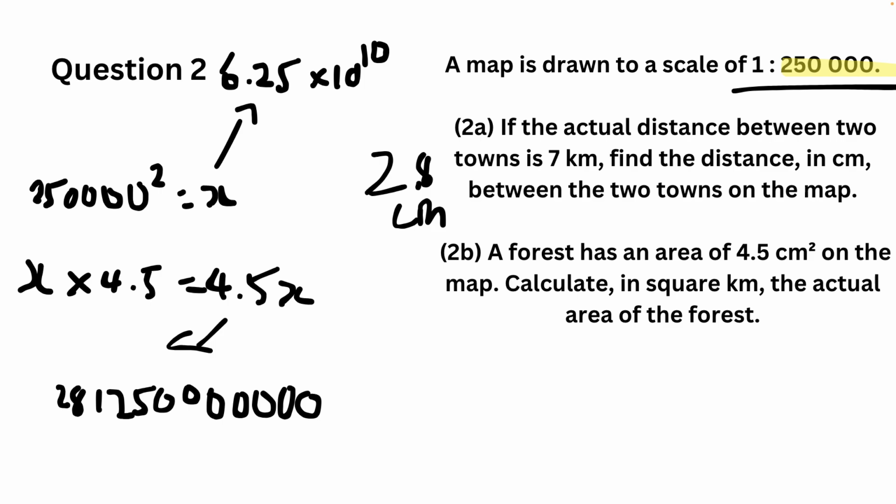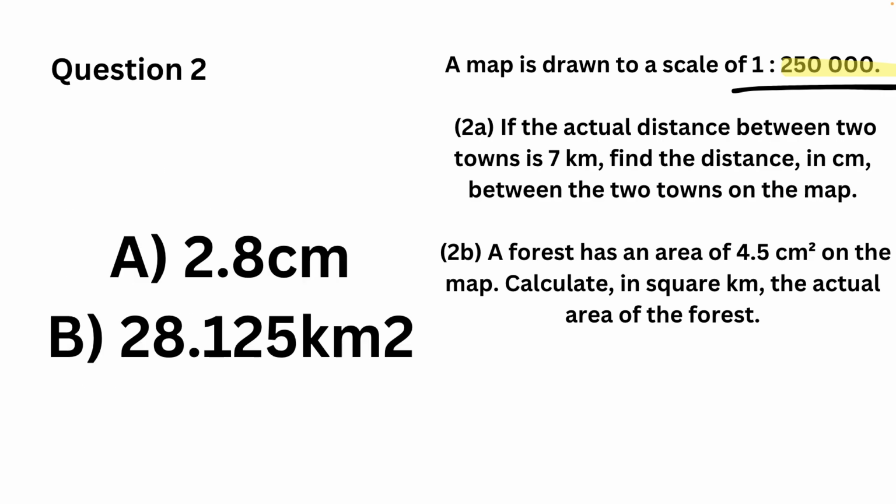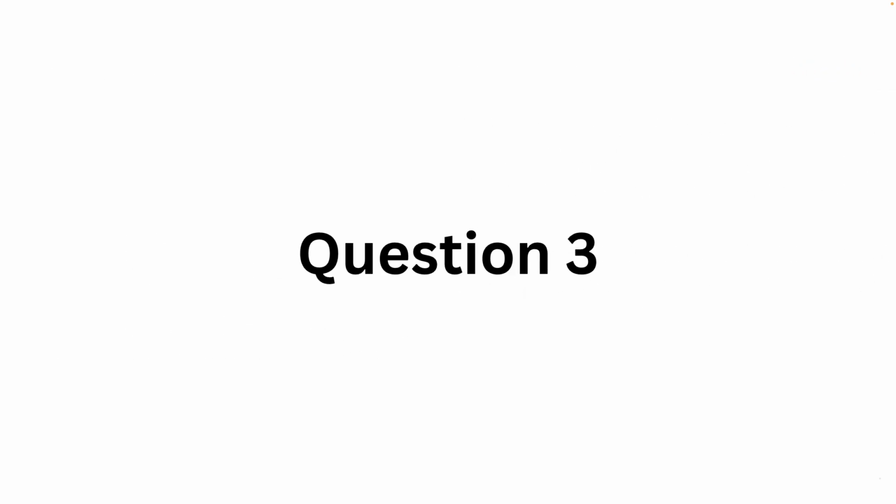So let's say this turns it into meter. These two, instead of 2 zeros, is 4 because it's squared. It's squared, yeah. And 3 and 3, so the answer is 28.125 km squared. These are the answers. Okay, question 3.